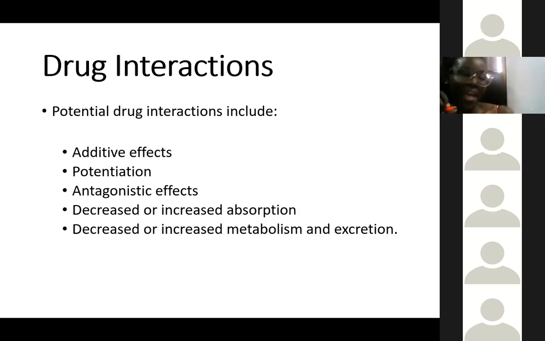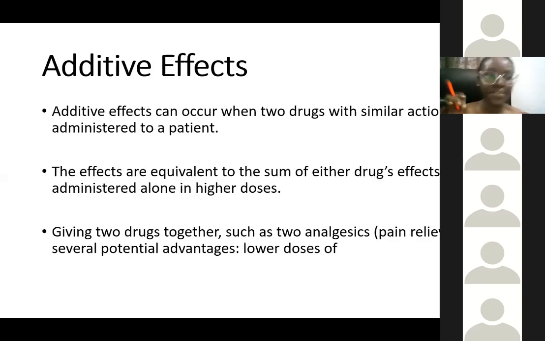So the drug interactions, we'll look at them one by one. Additive effects can occur when two drugs with similar actions are administered to a patient, and the effects are equivalent to the sum of either of the drug's effects if it is administered alone in higher doses. An example is Codamol, which is codeine and paracetamol.